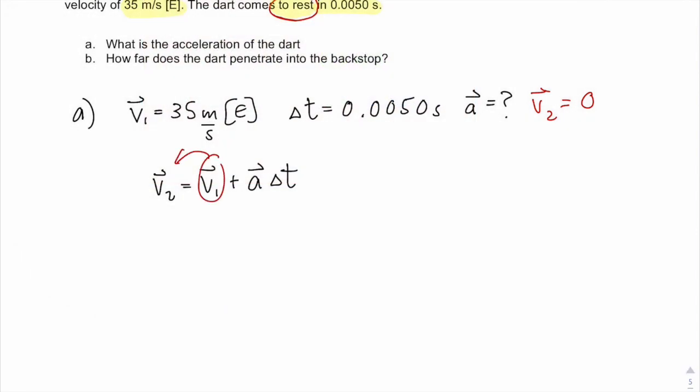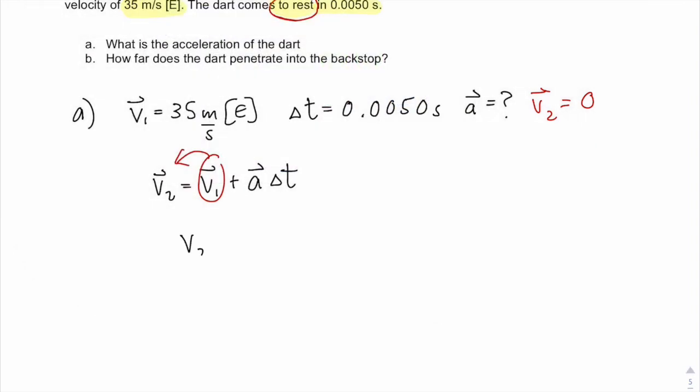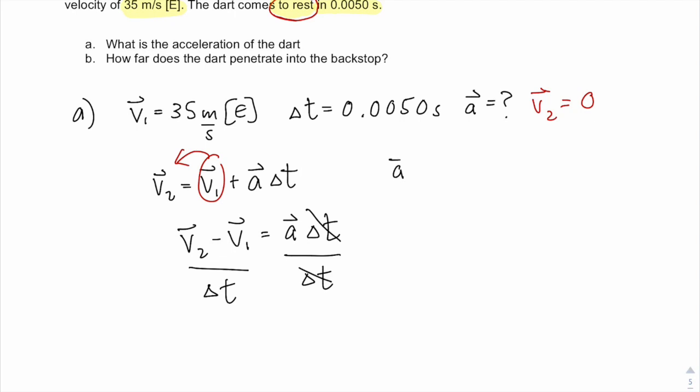Firstly, bringing the v1 over, changing this to v2 minus v1 equals a delta t. Then divide both sides by delta t. So we have acceleration is equal to v2 minus v1 all over delta t. Let's sub and solve.